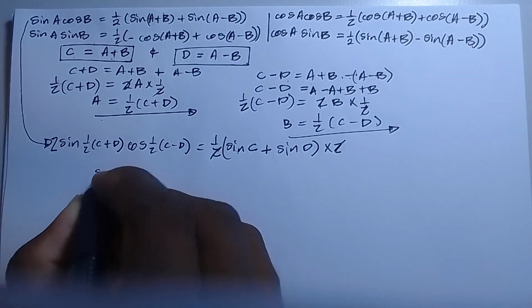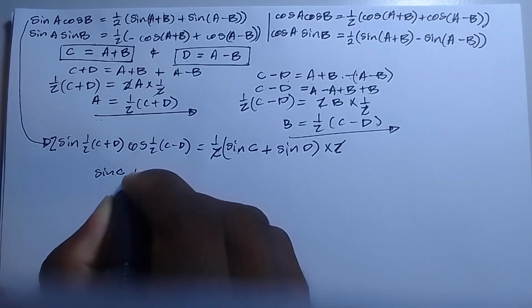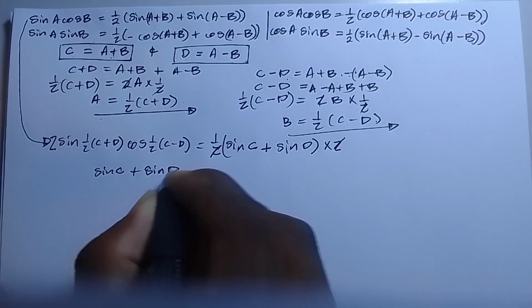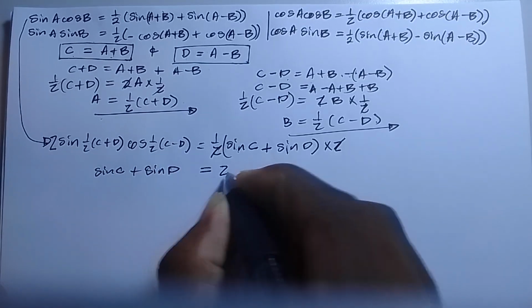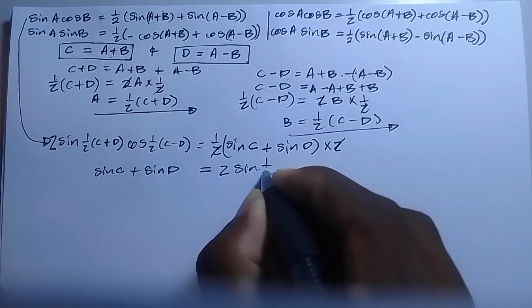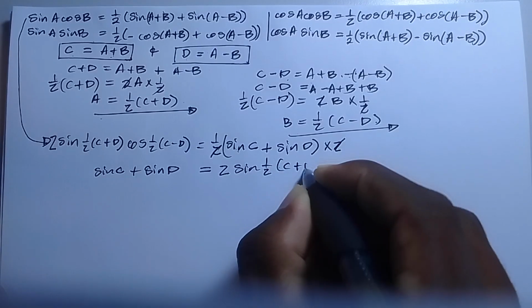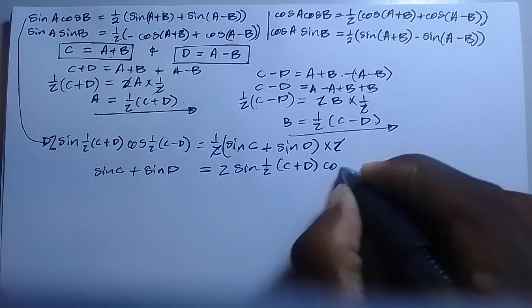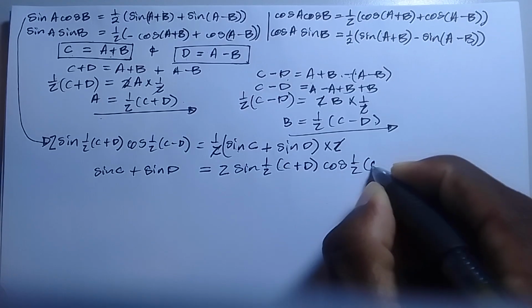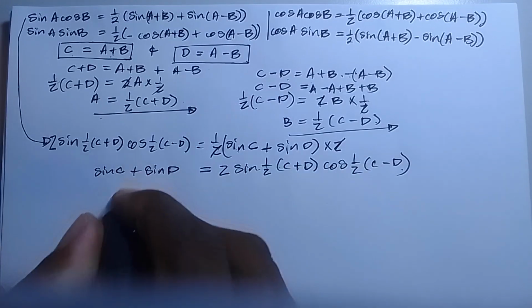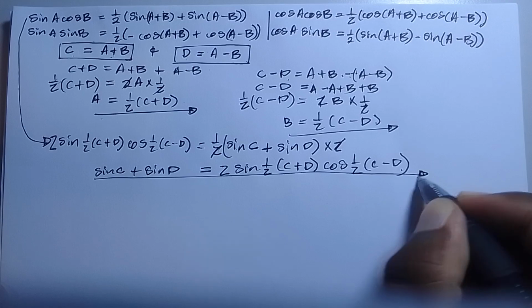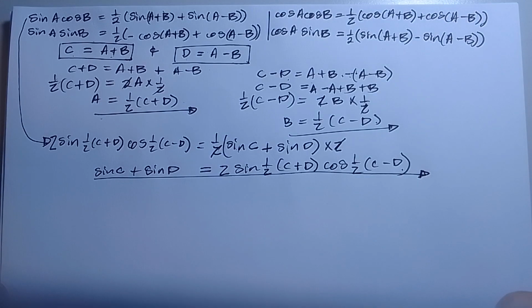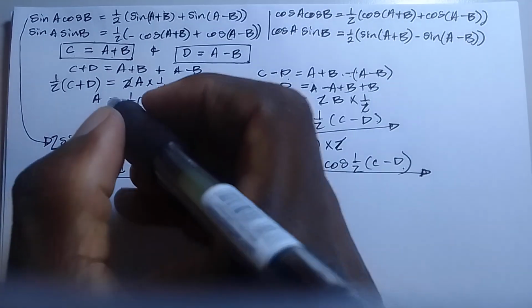So you have sine C plus sine D is equal to 2 sine half C plus D cos half C minus D. That's your first formula. Basically do the same thing for all the other ones.